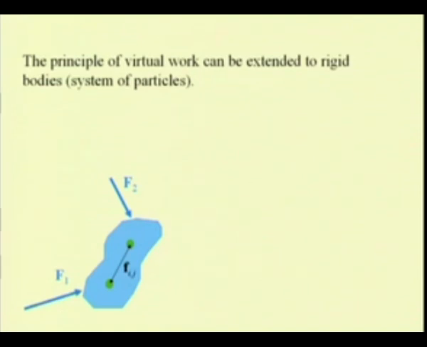So, here you see a system of particle or a rigid body, and here we are just depicting two particles, say a particle i and a particle j, and there are some n number of forces acting on this rigid body. So, let us try to write the work done by these forces when this body undergoes a virtual displacement.